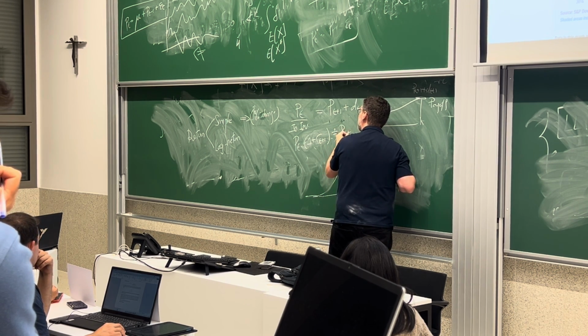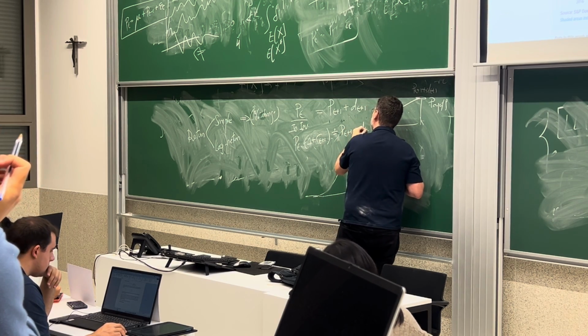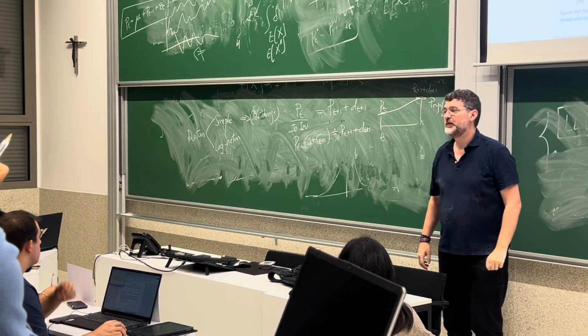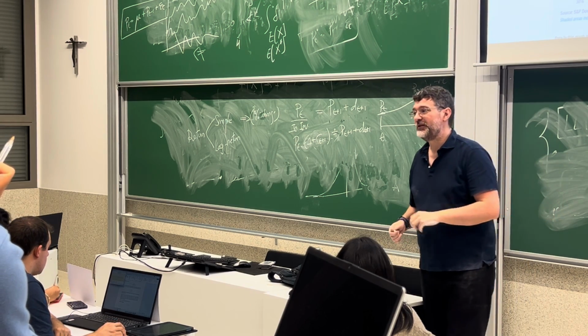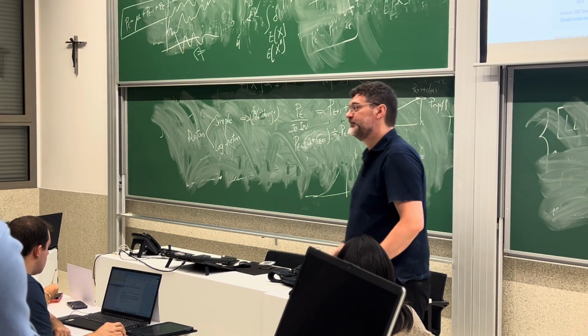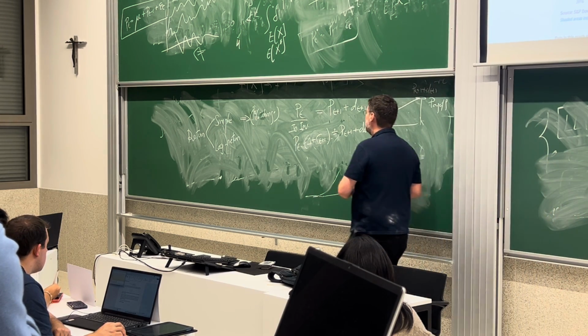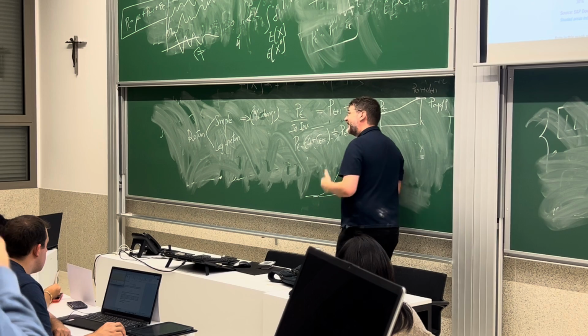So price at time t plus 1 and dividend at time t plus 1. So I use what we call simple compounding. I multiply by a factor which is 1 plus the return.